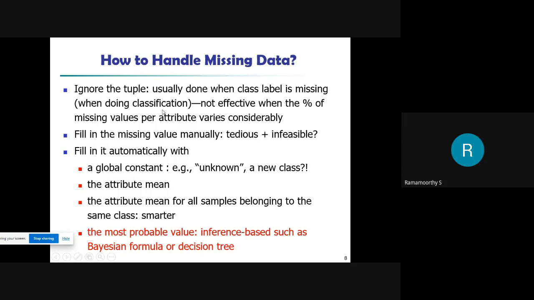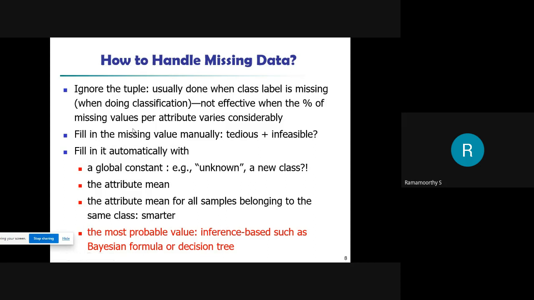So it is always recommended to remove the data which is not going to have any class label, and fill in the missing values manually. If you are able to fill in the missing value, you have to fill it in, and then you can apply the algorithm, right?